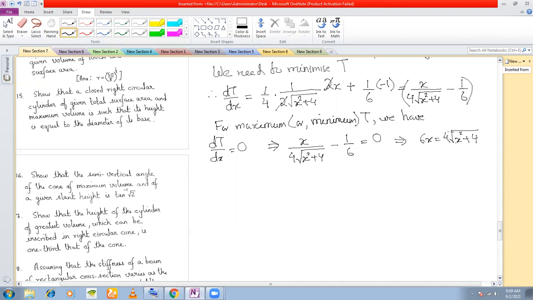Now to remove the radical, you square both sides. You get 36x square is equal to 16 times x square plus 4. So you get 36x square is equal to 16x square plus 64.